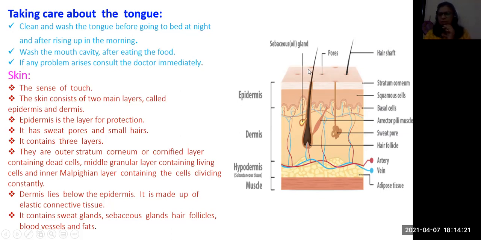And including this, arteries and veins are there, which help to nourish the skin. Okay, and adipose tissue, I already told you, is in the subcutaneous tissue, which consists of fat content. It helps as a lubricant, and also acts as thermal insulation, so as not to lose heat from the body.